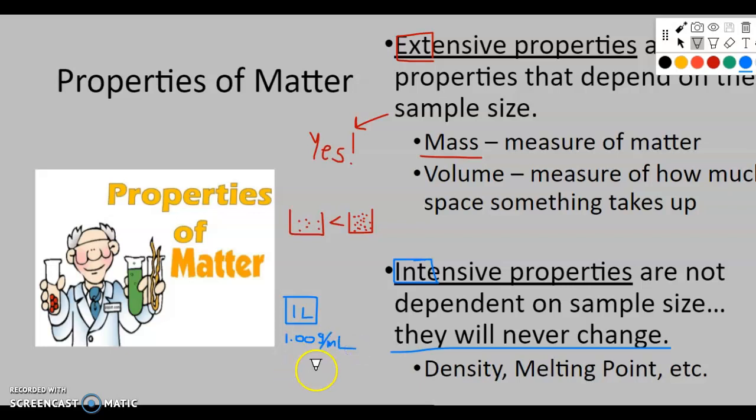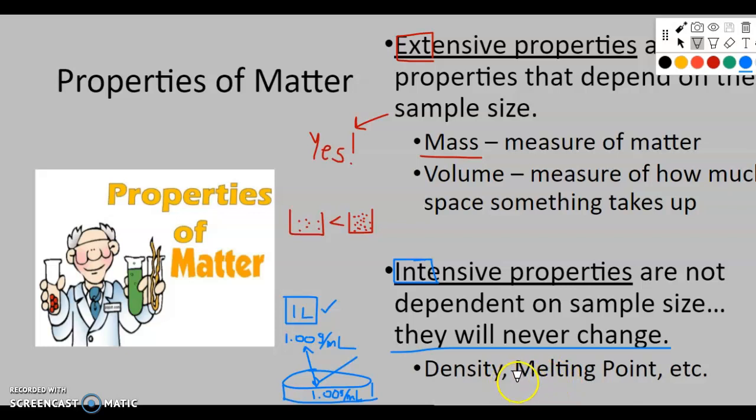If you have a swimming pool full of water, then the density of that is still going to be 1.00 grams per milliliter. So it does not matter what the sample size is, just a very little amount or a huge amount of water. The densities are still the same.